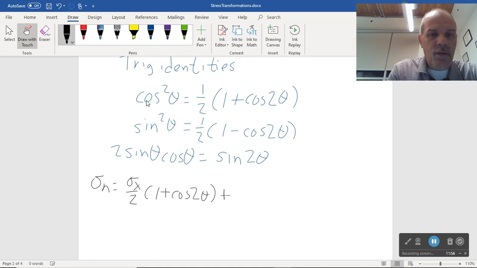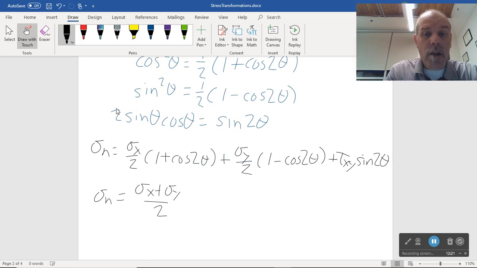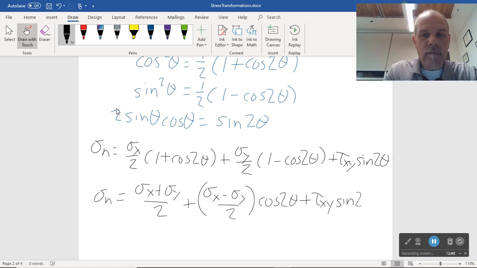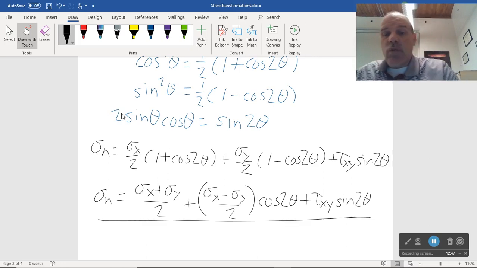What I'll get is sigma n is equal to sigma x plus sigma y over 2, because I've got a 1 in both of those terms on sigma x and sigma y. Each one also has a cosine of 2 theta. Just one of them is a plus and one of them is a minus. So why not call this plus sigma x minus sigma y over 2 cosine 2 theta, plus tau xy sine 2 theta, and that's sigma n as a function of sigma x, sigma y, tau xy, and theta. Works out pretty nicely.